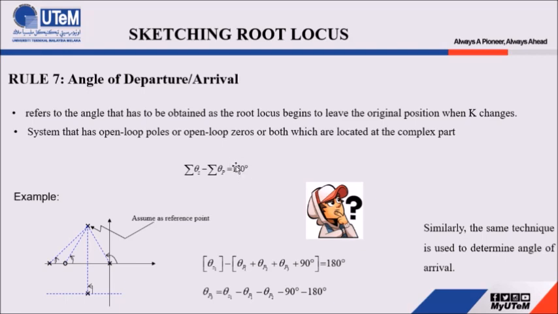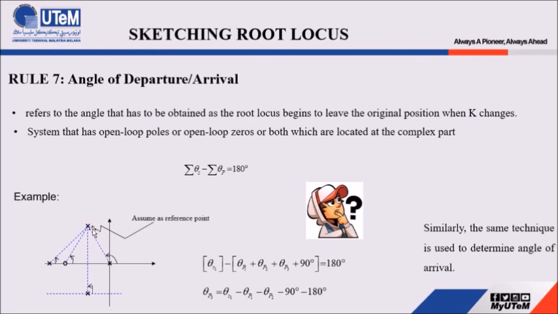This one is actually plus or minus 180 degrees. So the angle in this case is the angle from this horizontal, or this real axis, to this line. For example, in this case, we have two poles located at complex parts.